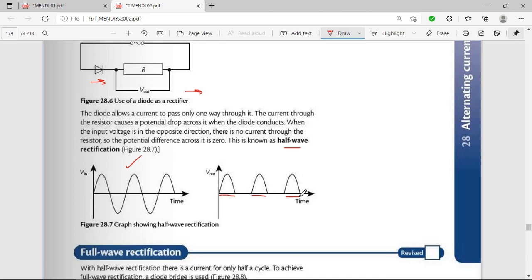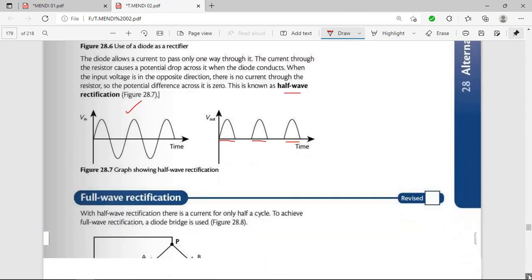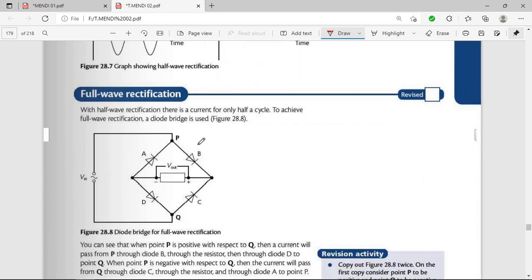So we can move on to full-wave rectification, whereby we want a full flow of direct current. We are going to use this diagram. It shows how we can obtain a full wave rectification. As you can see, if current is moving upwards here, this and this will conduct.